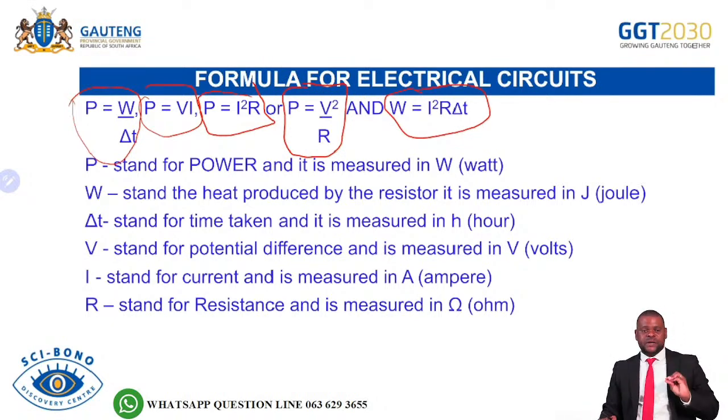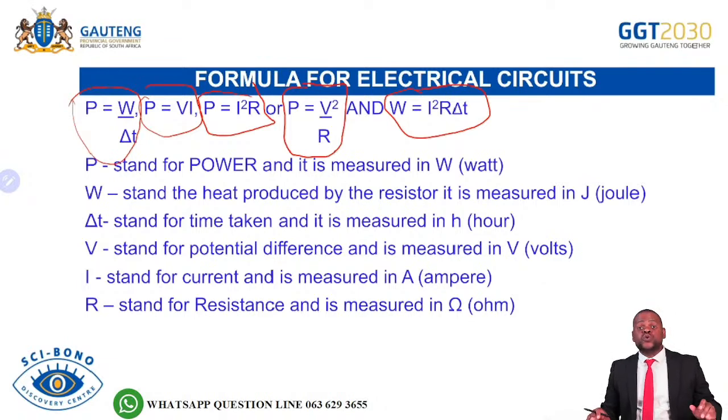And it is very, very important to know each and every letter. What does it represent? Because you must know what it represents, and you must know the SI unit of that letter.